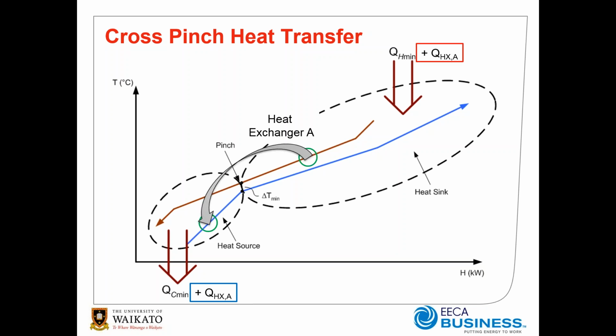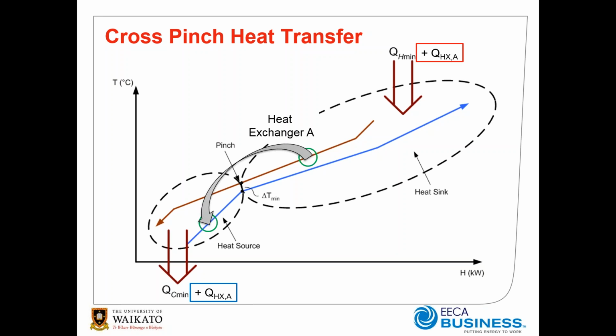From this, we can read off our targets and compare our target to the network. And in this case, we can figure out if we're not meeting the target, then we can look for areas of cross-pinch heat transfer.